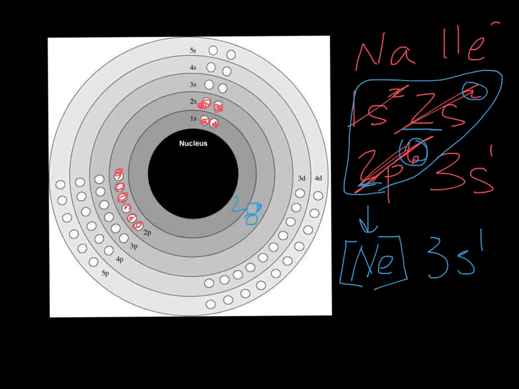Now we're going to go to our 3s, and we fill in that 1 electron. And so what you're going to notice is that on this level 3, right? So now we're at level 3. We only have 1 electron. So everybody in group 1, right? They're going to have 1 electron in that outer shell.